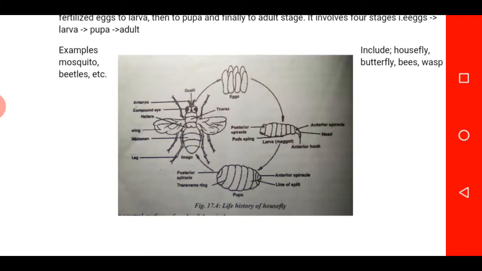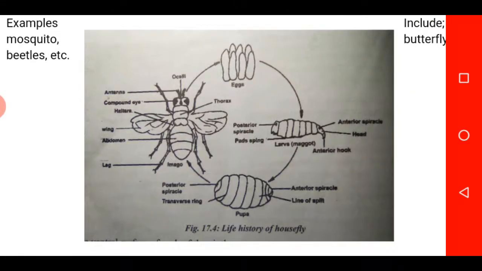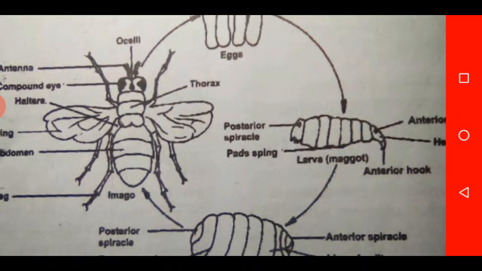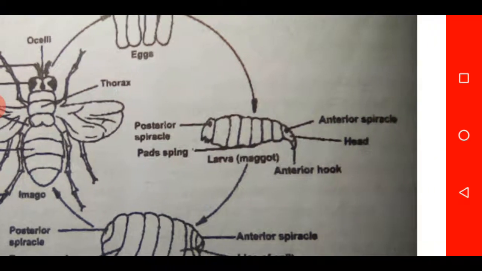Let's look at the structure on our screen. That shows the life cycle of a housefly. The eggs are laid in a rotting environment, and then it develops into the larval stage, which is otherwise known as maggot. As you can see, the maggot, the larval stage of a housefly, is segmented in nature.